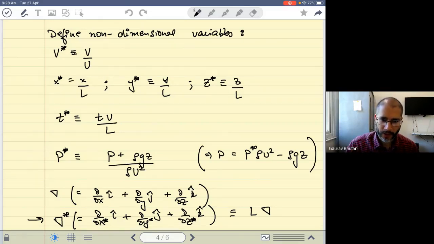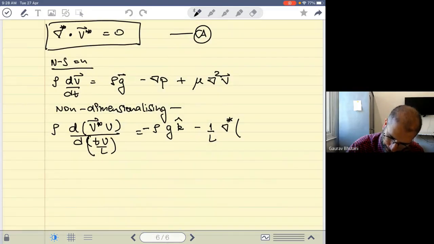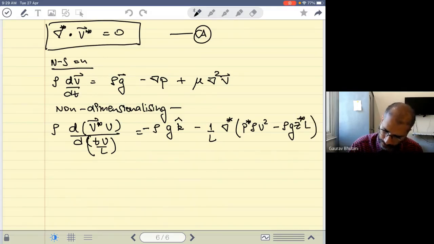Okay, so we'll replace pressure using this term. And Z can actually be written as Z star times L, right? Okay, next we have the viscous term. So first we have mu, and then we have the square of grad.